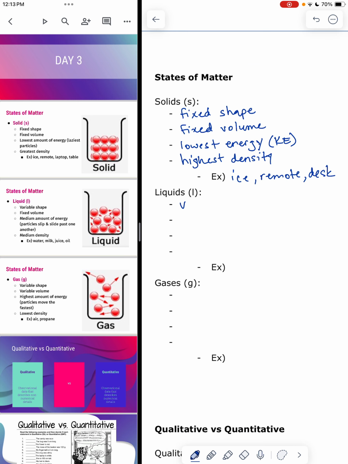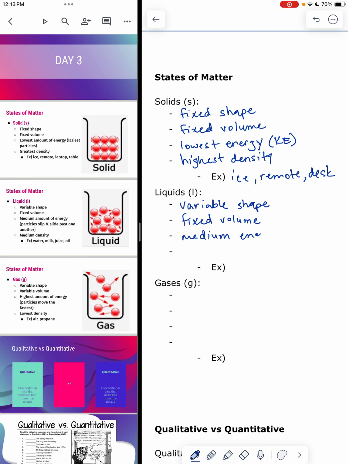Variable shape for liquids. Now we're starting to get a little bit more movement in those particles, which creates a different state of matter. They still have a fixed volume. I like to say, if I have a gallon of milk, inside the gallon it looks one way, and then if I pour it all out on the floor, it definitely doesn't look like it did when it was inside the gallon itself.